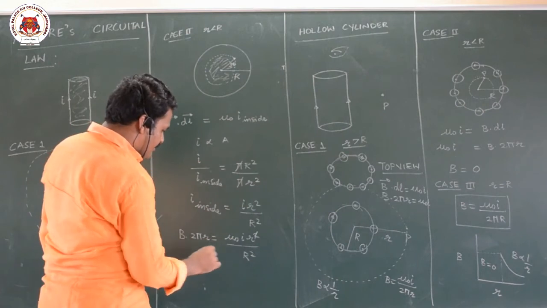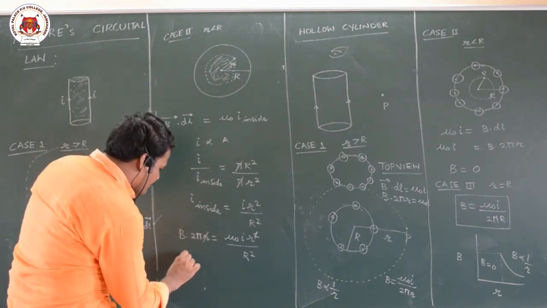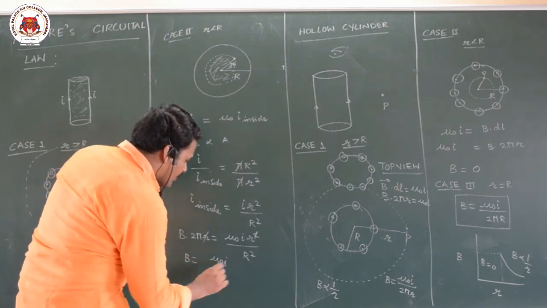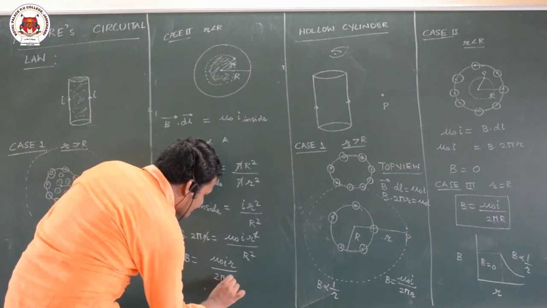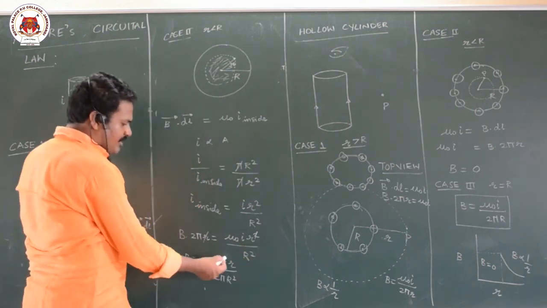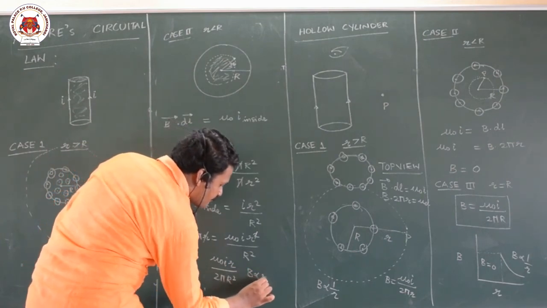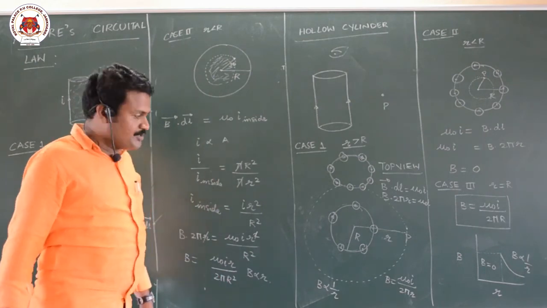This r square and r get cancelled. Now B is equal to mu naught I r by 2 pi capital R square. Remaining all are constant, so B is proportional to r. This is inside. There we got 0, here we are not getting 0.